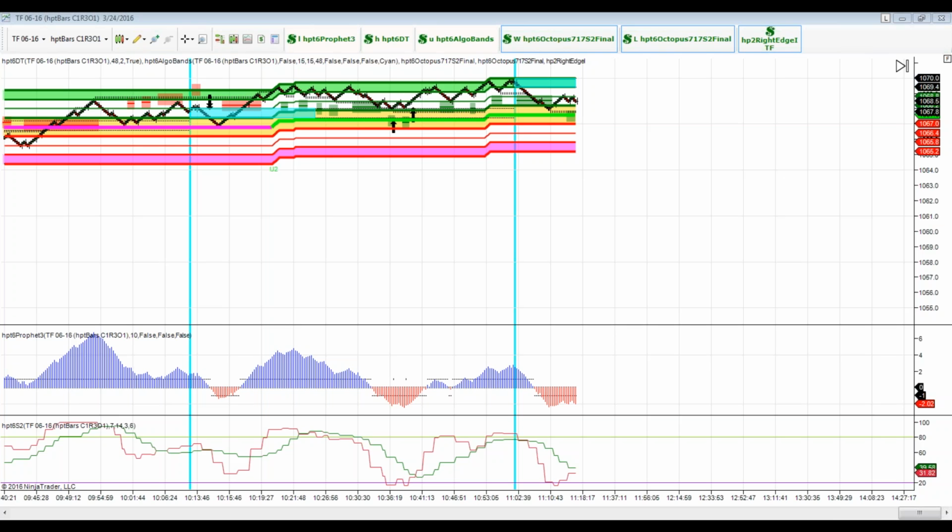Make sure that you have those in by Sunday, Monday at the latest. Just remove the old HP bar assembly that you're working with, and bring the new one in. That's all you need to do. And I don't think you'll even have to restart NinjaTrader for that.